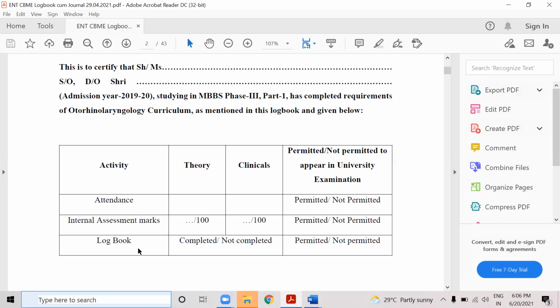And finally, the logbook submission, whether they have submitted a completed logbook or not. It is an eligibility criteria, so that is required, and whether they are permitted or not. So in the certificate itself, I have mentioned these three things, which will make it clear that as per these three criteria, he is eligible to appear in the university examination or not.